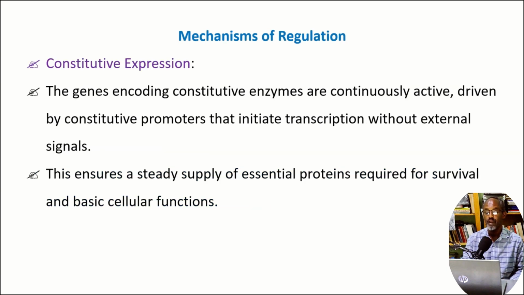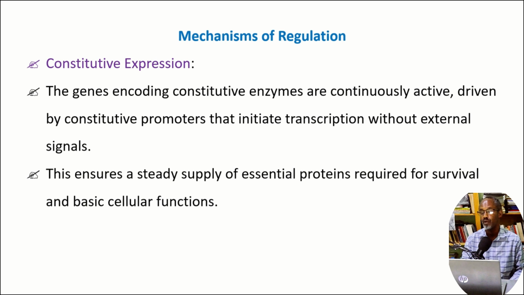Mechanism of regulation. How do we regulate these two groups of enzymes? First, constitutive expression. The genes encoding constitutive enzymes are continuously active, driven by constitutive promoters that initiate transcription without an external signal.